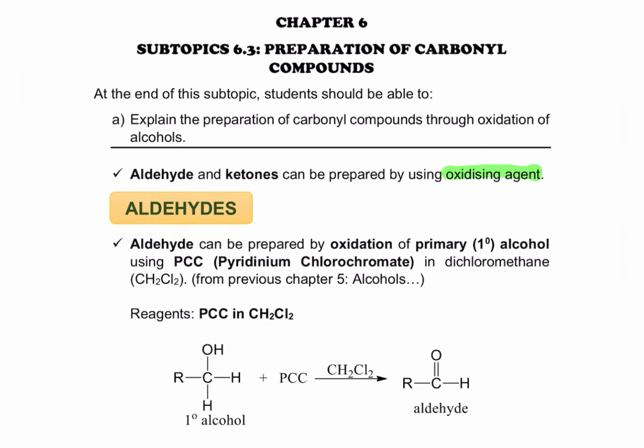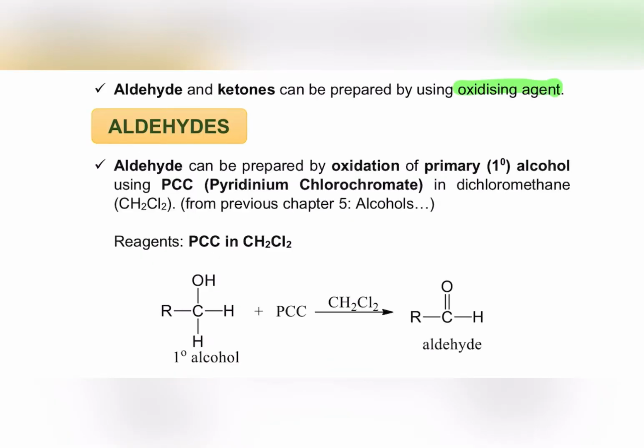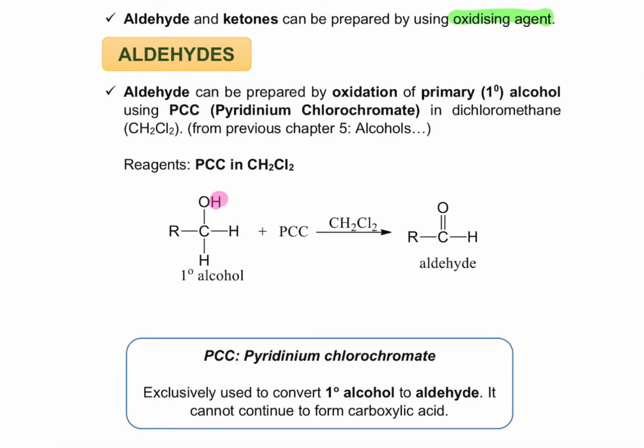So what will happen, we can use primary alcohols, which is a carbon attached to a hydroxyl group and one alkyl group at the same carbon, and you have two reducing hydrogens here. This one is attached to the oxygen atom of the hydroxyl group, and another one is here.